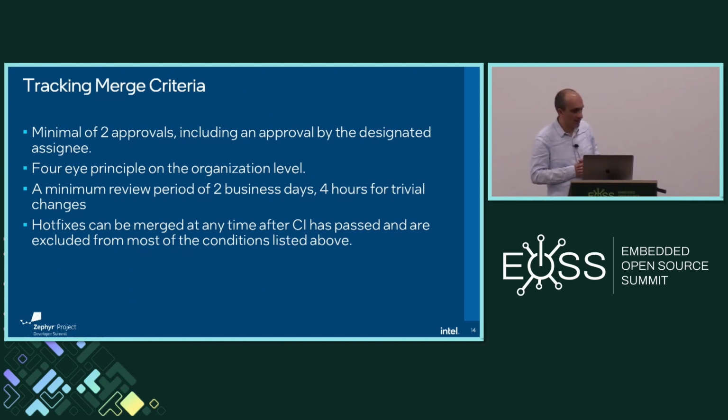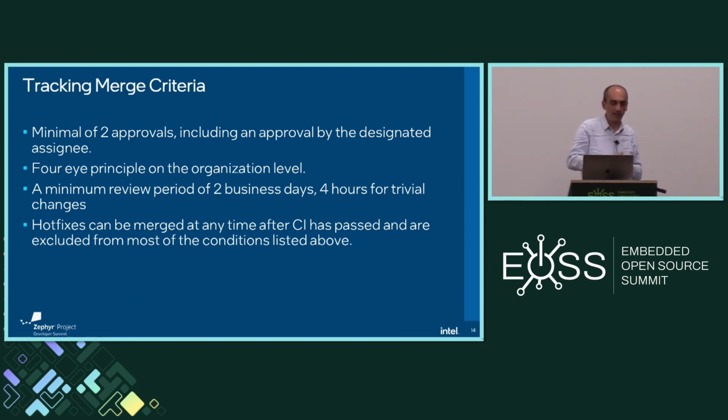And one thing that we started late last year, earlier this year, is tracking the merge criteria, making sure that we keep ourselves honest toward the community and toward our colleagues in the project, and try to be consistent in how pull requests and changes are processed and dealt with.